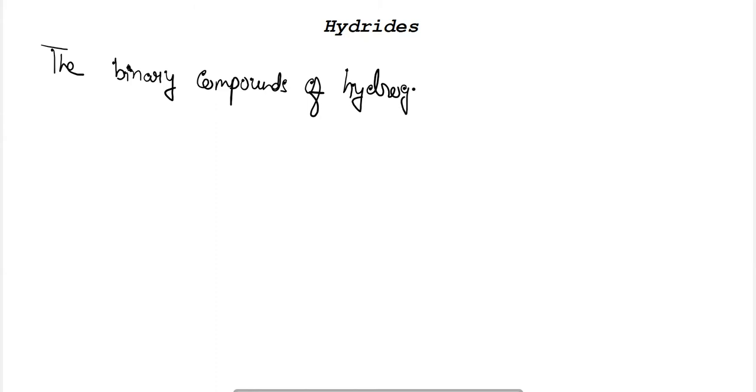Okay, and what are hydrides? How can we define the hydrides? Hydrides can be defined as the binary compounds of hydrogen with other elements.